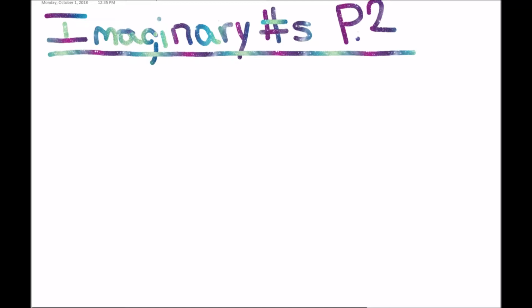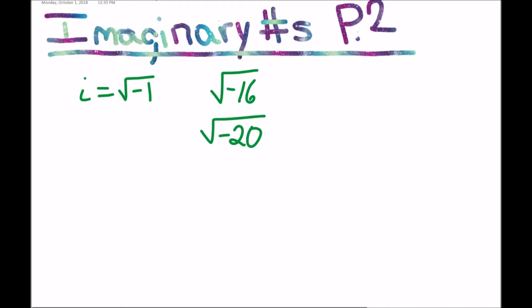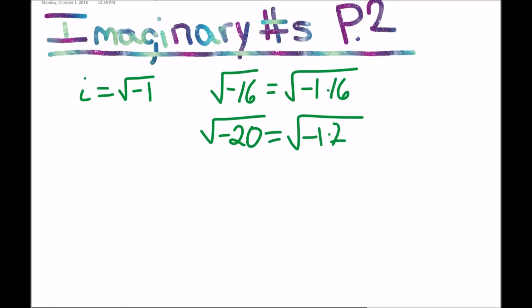We learned last time that i is an imaginary number and it is equal to the square root of -1. And we did the examples of the square root of -16 and the square root of -20, I believe. And we went through this and we said this was -1 times 16, and we said this was -1 times 20.